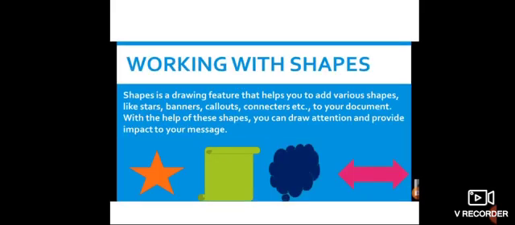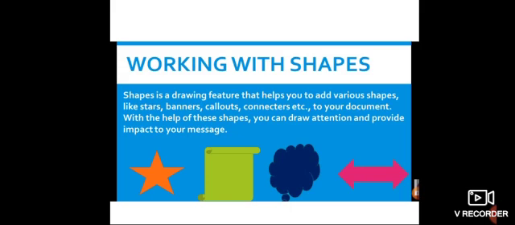Next is working with shapes. Class, what are shapes? Shapes is a drawing feature that helps us to add various shapes like stars, banners, callouts, connectors, etc. to your document. With the help of these shapes, we can draw attention and provide impact to your message. To insert a shape in your document, what you have to do?